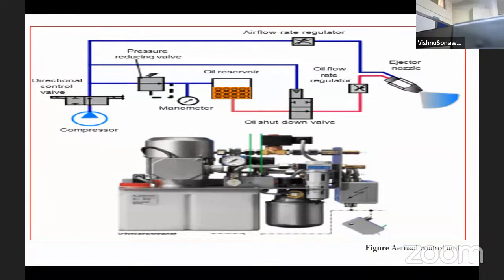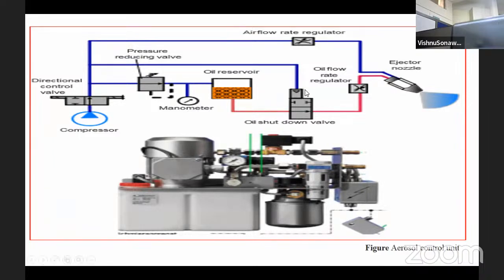Through this, what will happen? The air will be supplied, and the hydraulic oil will also be supplied to the system. This oil will be regulated by the pressure compensated flow control valve.